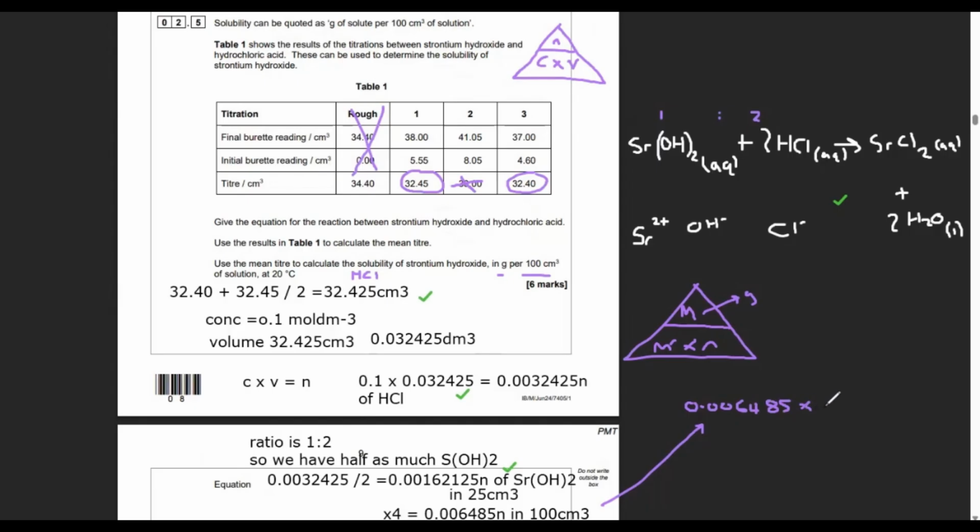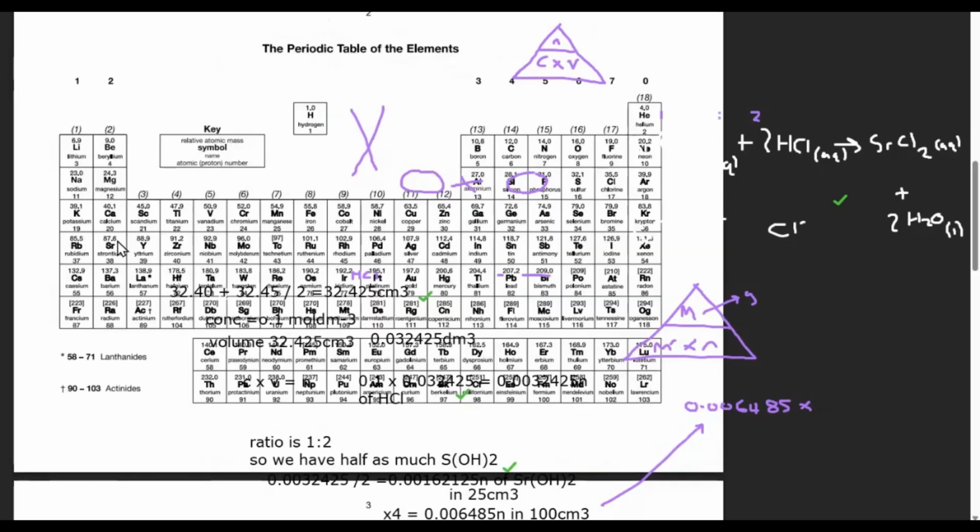What is strontium hydroxide? I can tell you that 17 times 2 is 34 for the two hydroxides, but what is the strontium ion? Is it 86? Let's check it out. I've got the periodic table somewhere up here. Strontium, 87.6. I knew it was a roundy, something like that.